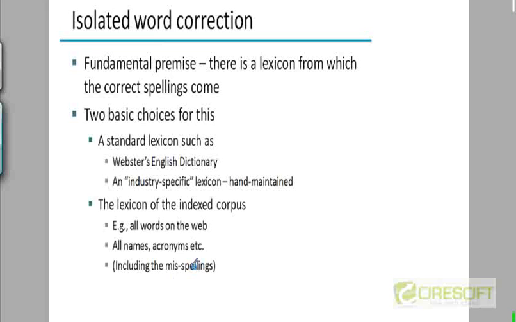And of course, if there are misspellings in those documents, then those misspellings will also enter into this lexicon. But one of the things that you'll also do is keep track of how many times a particular word appears in the corpus as a whole. That was called the collection frequency, if you remember from chapter 2.